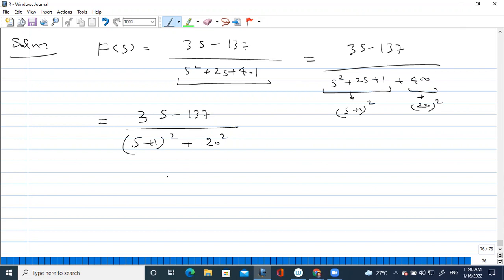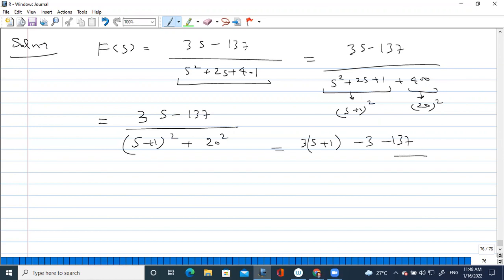Okay, so it is going towards that formula of sine and cos, but s plus 1 is there. So in the numerator also I must make s plus 1. So it will become 3(s plus 1) if I make it, so then 3 I have to subtract from here.